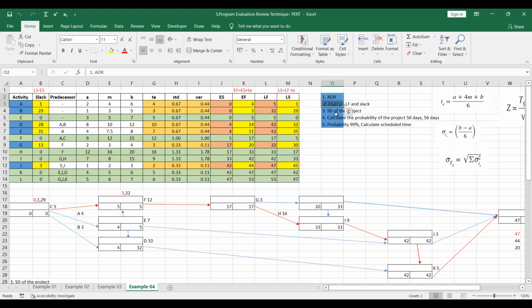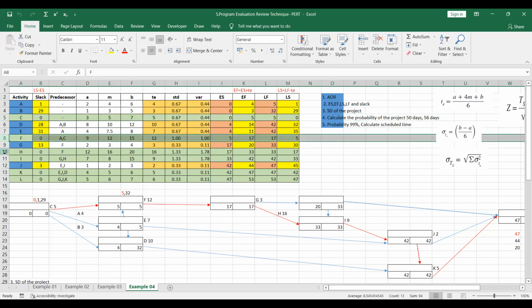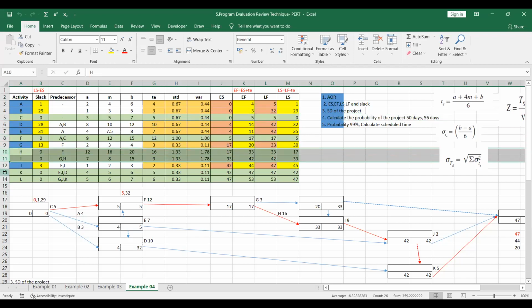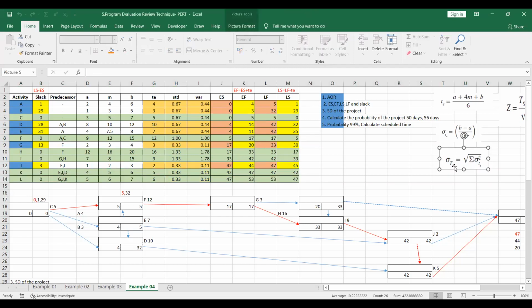When you are going to calculate the standard deviation of the project, first you have to identify what the critical activities are, right? So I have identified the critical activities as C, F, H and I, and K and L. After identifying those critical activities, you can calculate the standard deviation of the project.